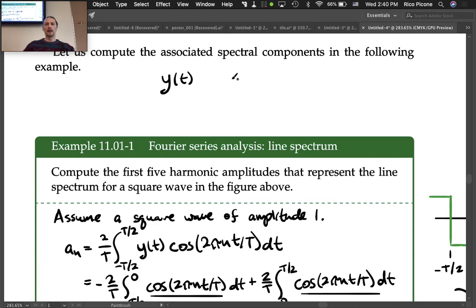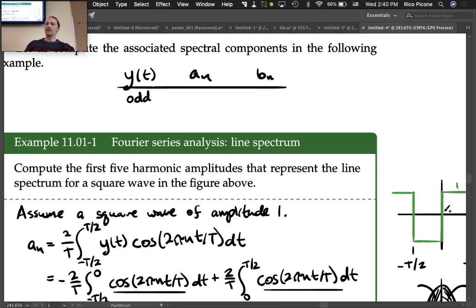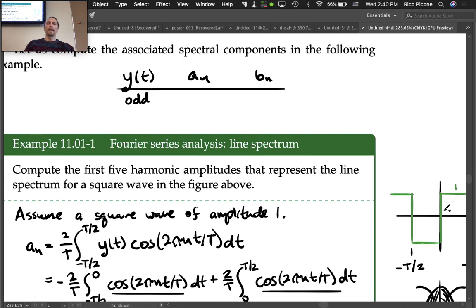y of t is one column, an is one column, and bn is one column. If y of t is an odd function, like our y of t was an odd function, then an is always going to be 0, and bn you have to compute.